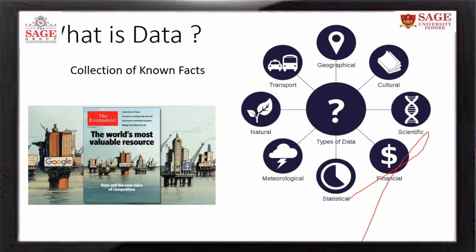Now, data can be collected from various sources, which is on my right. If you are seeing, these are the types of data. Can be from geographical locations, can be from cultural areas, can be from scientific experiments like the DNA data, can be from the financial institutions like all the data of stocks, banks.